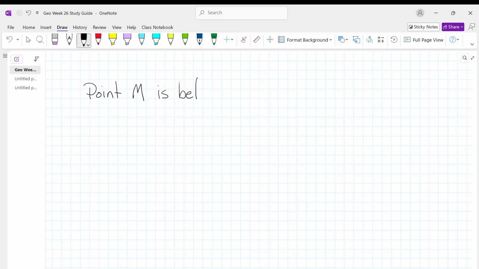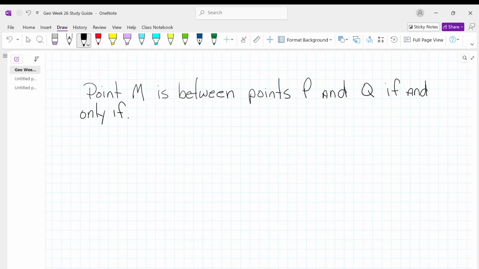is between points P and Q if and only if P, Q, and M are collinear.